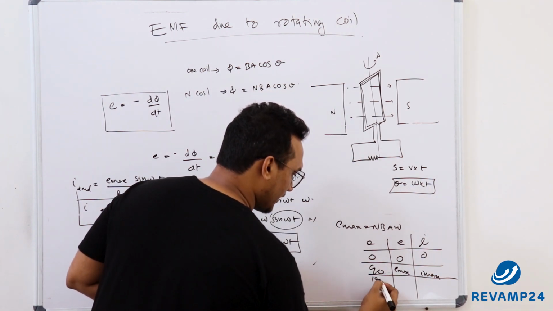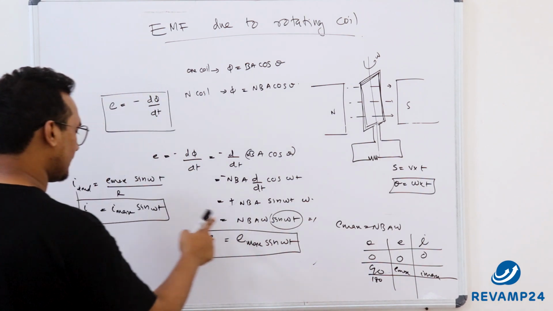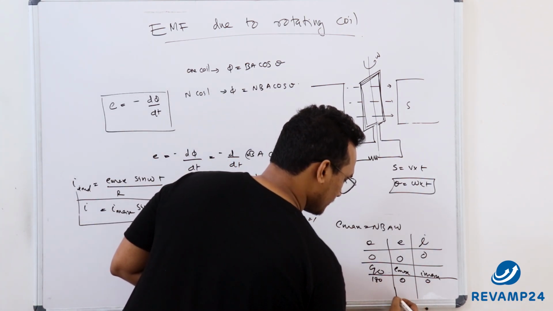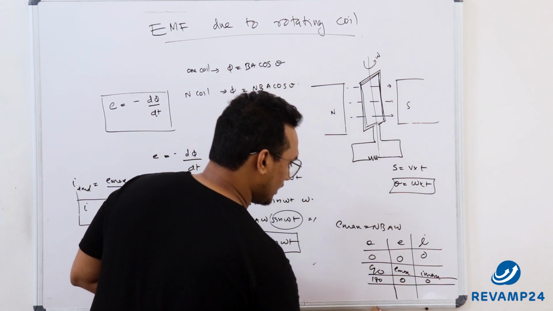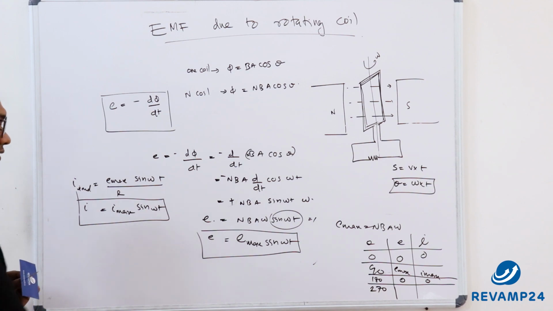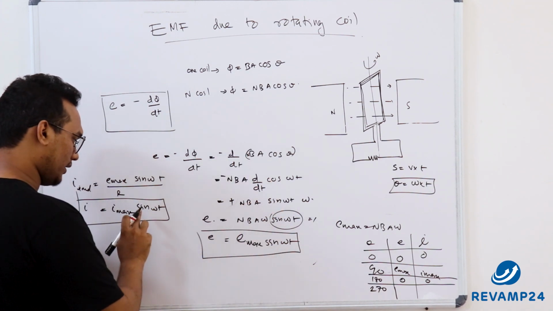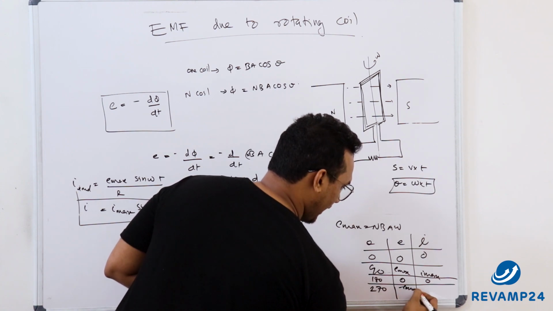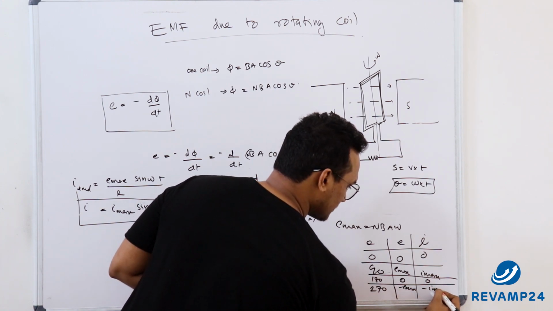Now theta is equal to 180, sin 180 is 0, so both will be 0. Next one is very important, 270. When theta is 270, sin 270 is minus 1, so E will be minus E max and I will be minus I max.